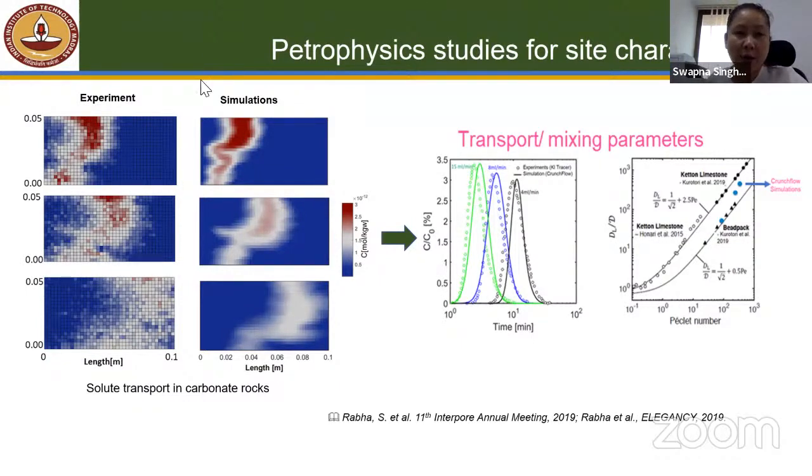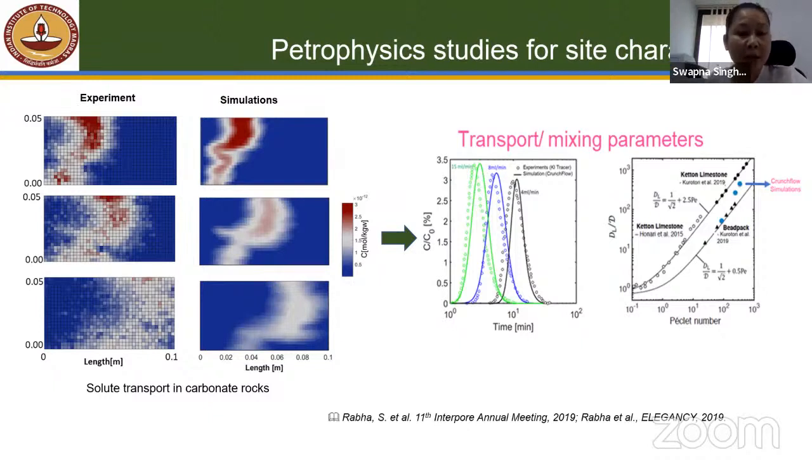Then from this work, experiment and also the simulation work, you can find out the transport parameters. What will be the residence time? What will be the permeability of the rock? What will be the transport and mixing process? What are the transport parameters required? And this will help to design a field study where you can actually store the CO2 in a plant.